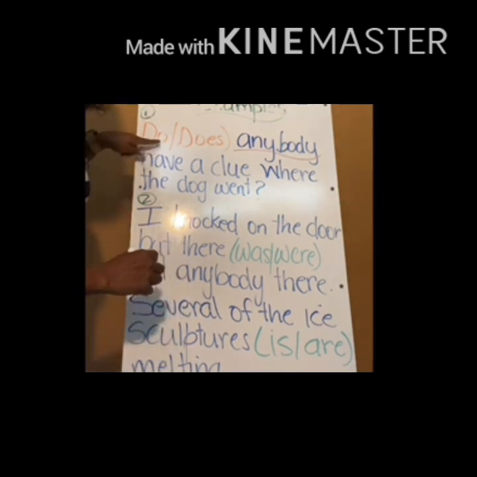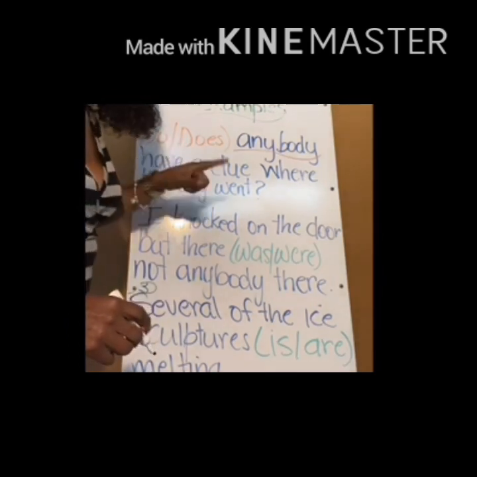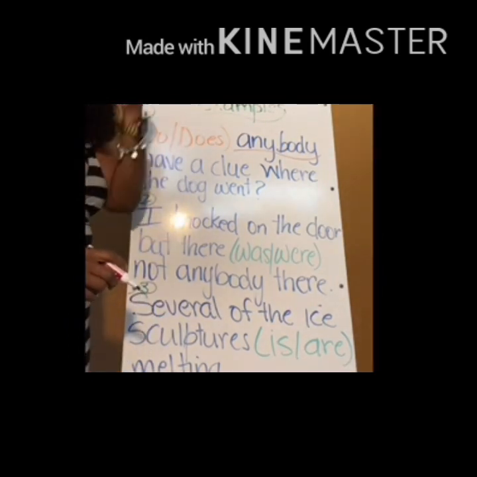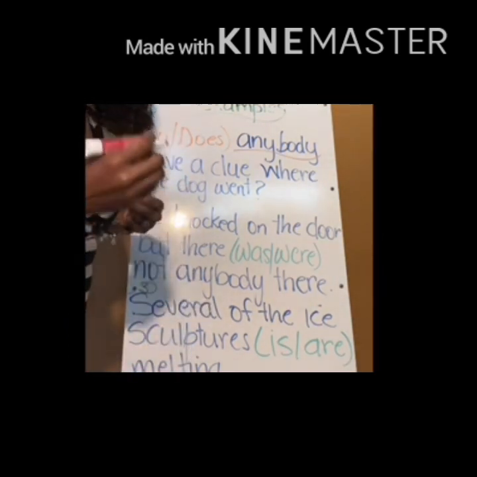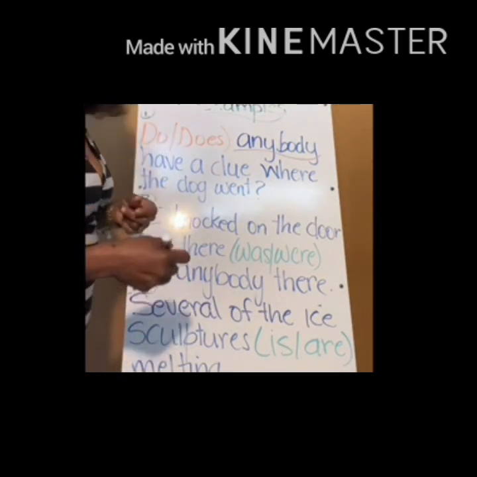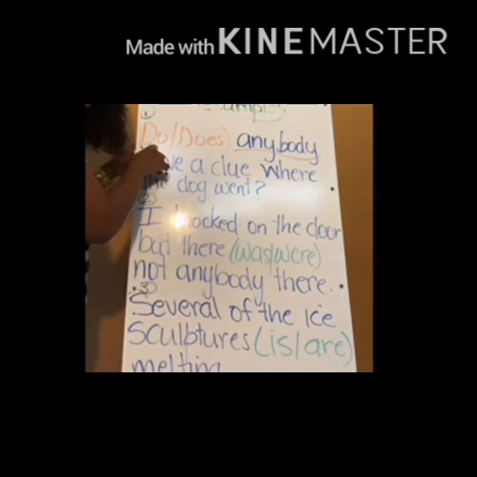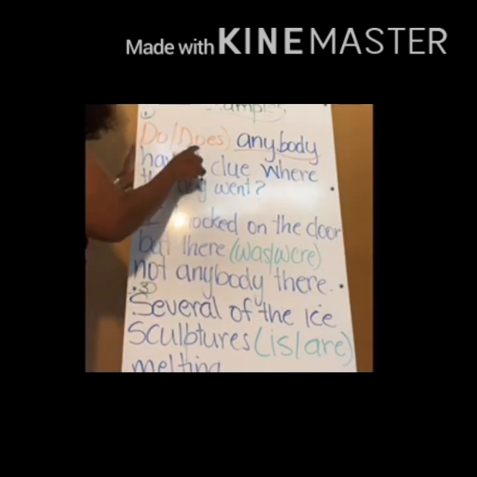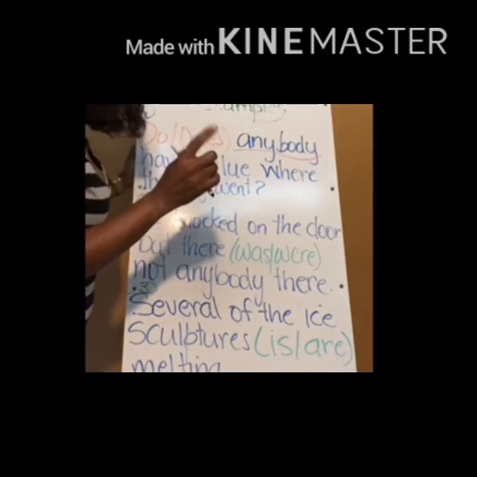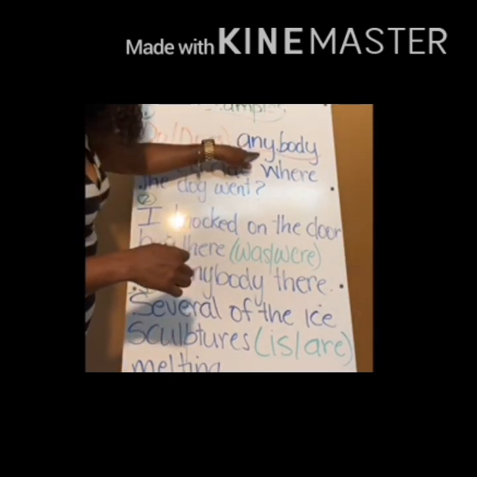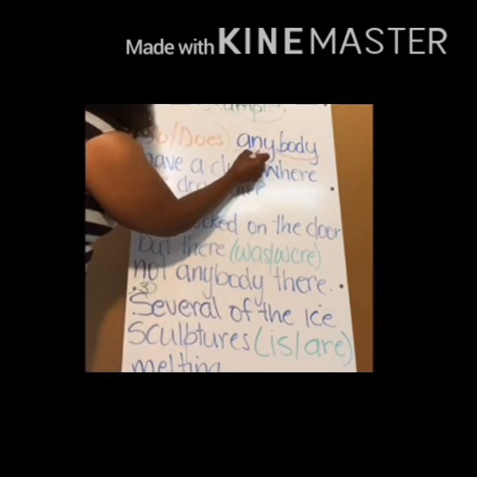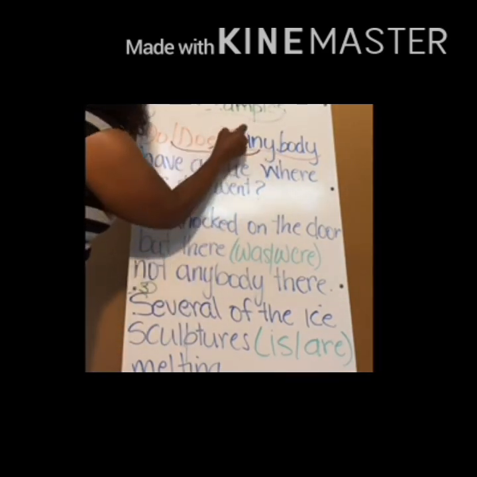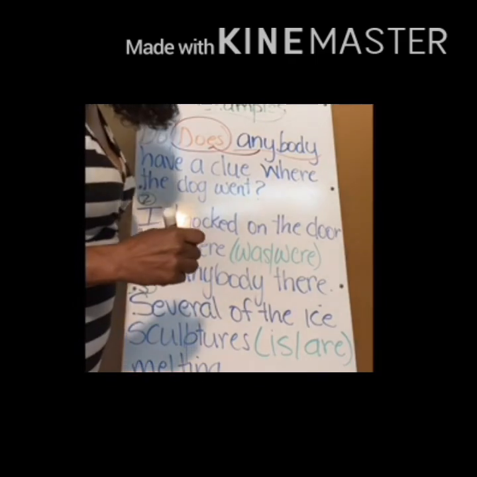Now, we have do and does. We learned about these before. So think, which one is singular? Remember, do is plural and does is singular. So because anybody is singular, our answer will be does because it is also singular.